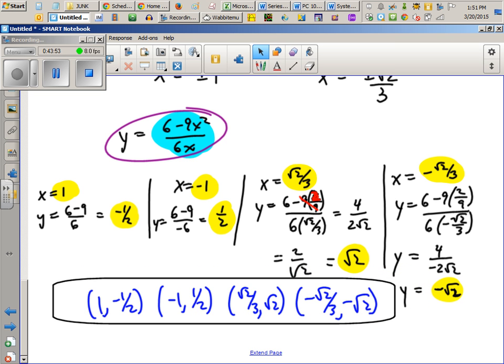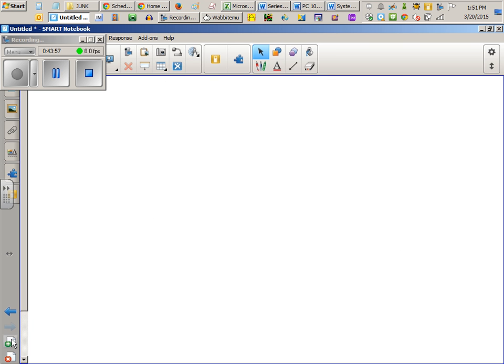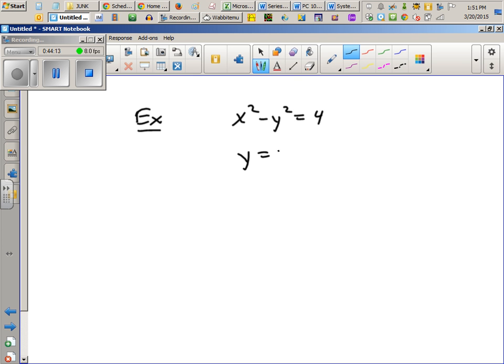Okay, so one last thing I wanted to say that I didn't get a chance to say in class, and that is sometimes you get a no solution case, and I just want to show you what that would look like. Take a look at this problem. Let's say you have x squared minus y squared equals 4, and you have y equals x squared.